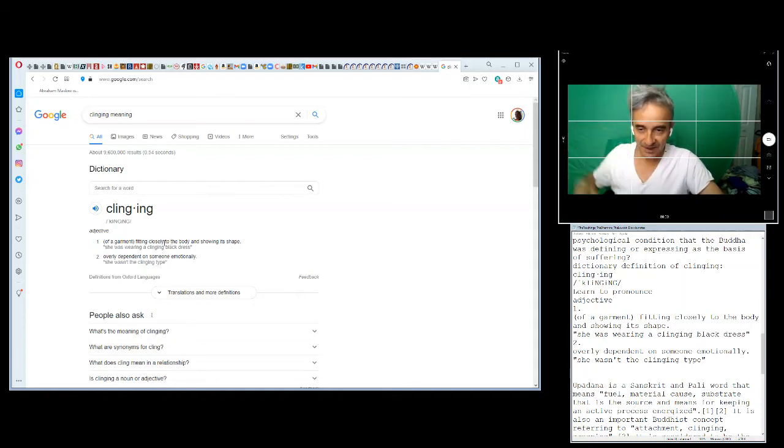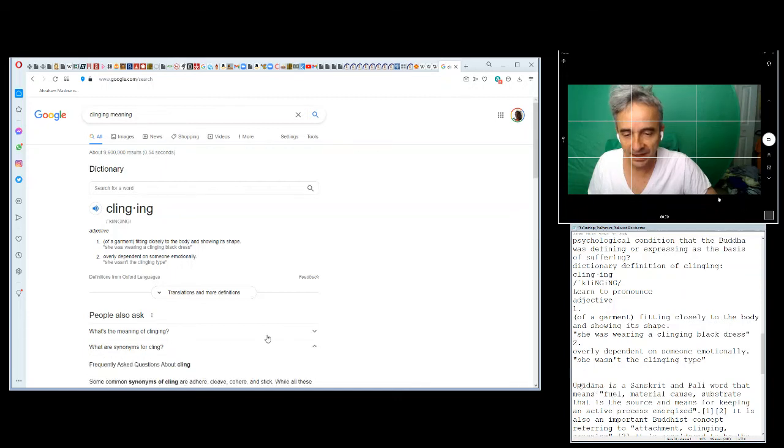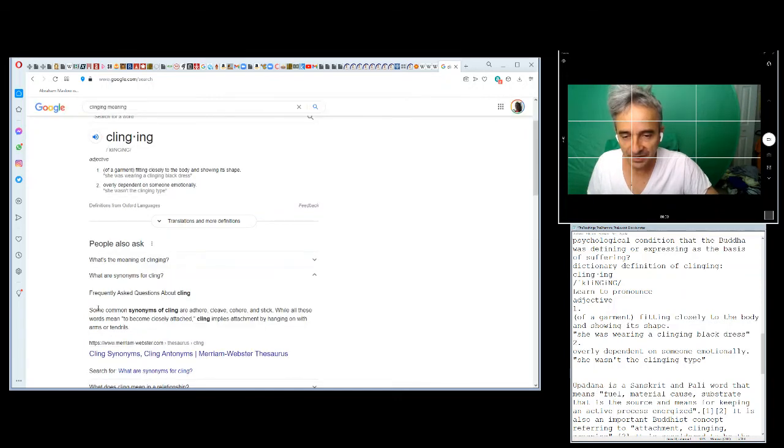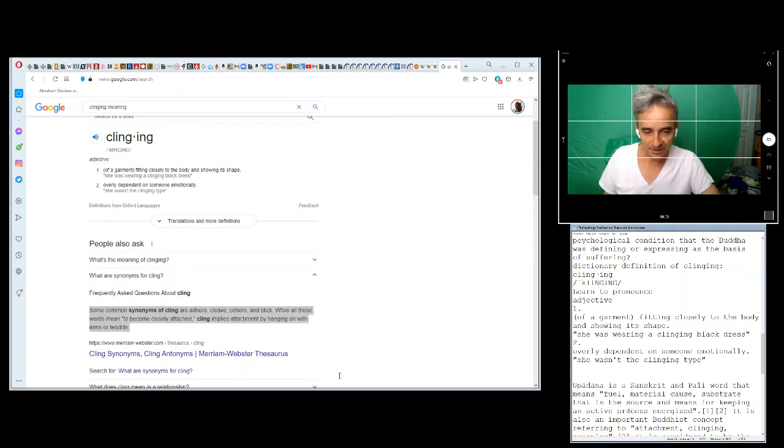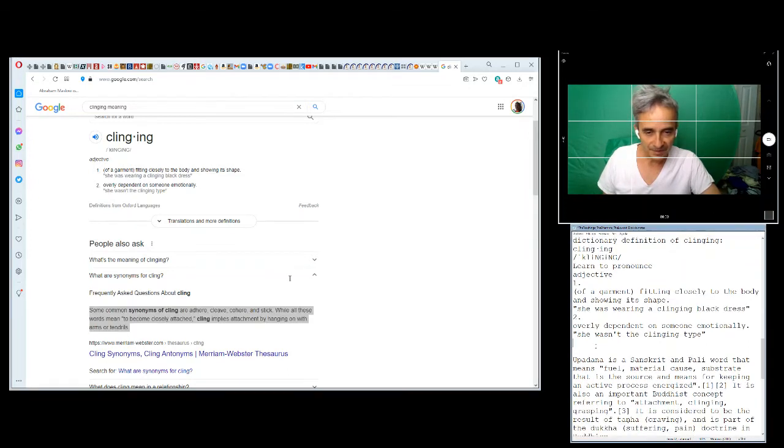Okay, now if I go here and type in grasping. Let's see. Grasp. Definition of grasp by the Merriam-Webster Dictionary. Okay.